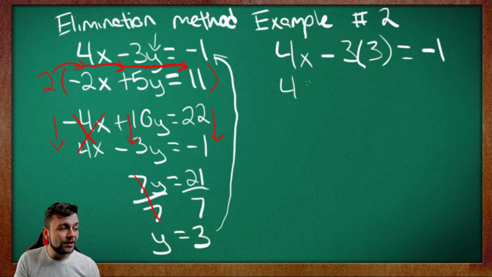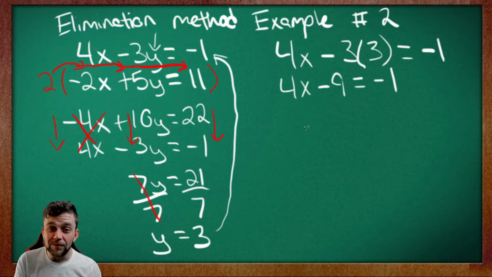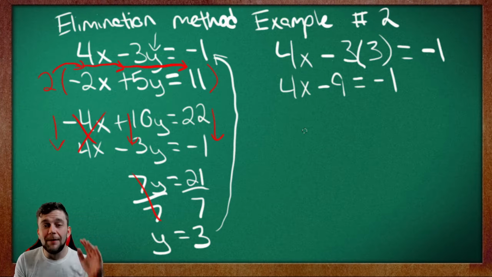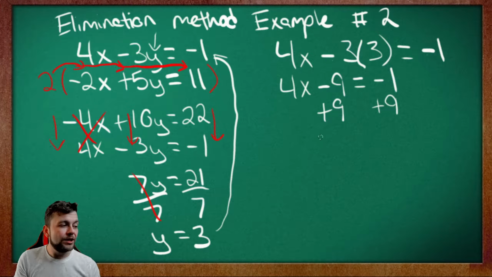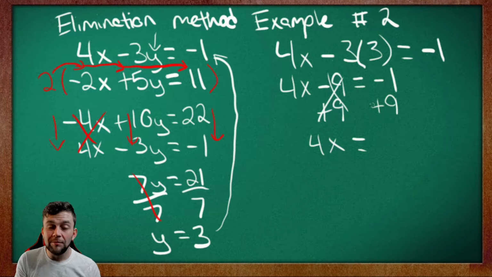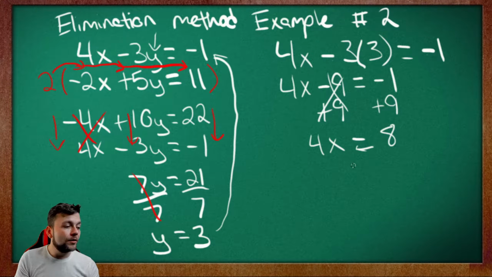So we'll rewrite this as 4x minus 9 equals -1. How do we get rid of the minus 9? What's the opposite of minusing 9? You add 9 to both sides. You have 4x, because this cancels out, equals -1 plus 9 is 8. Okay, so now we have 4x equals 8.